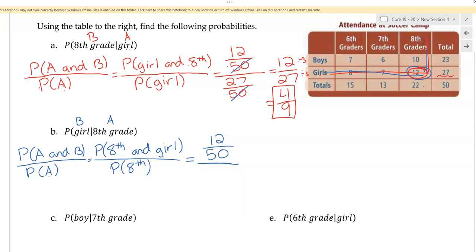Well, if I look at all my 8th graders, there's 22 of them out of 50. Okay. Again, these 50s cancel. So I'm left with the 12 and the 22. Both of those can be divided by 2. So I'm left with 6 11ths.